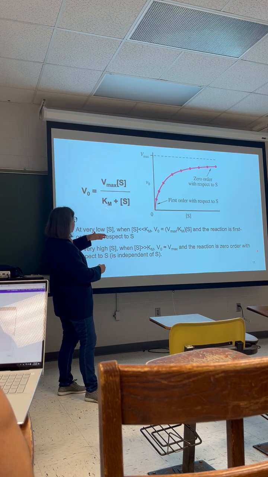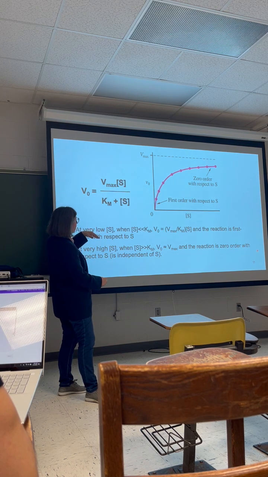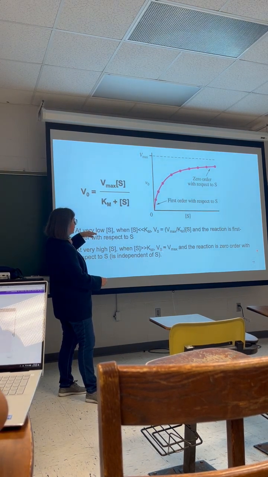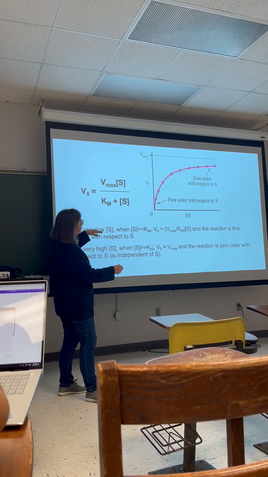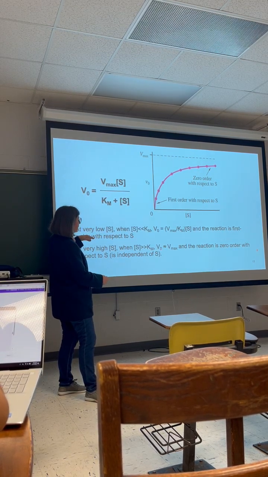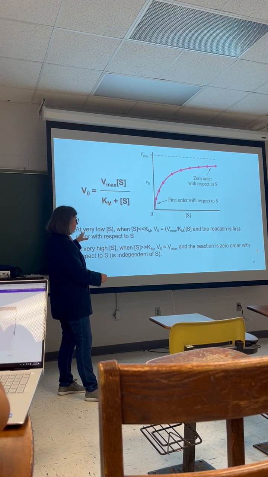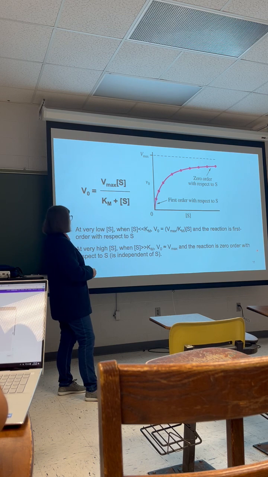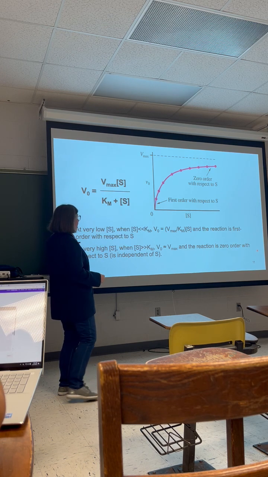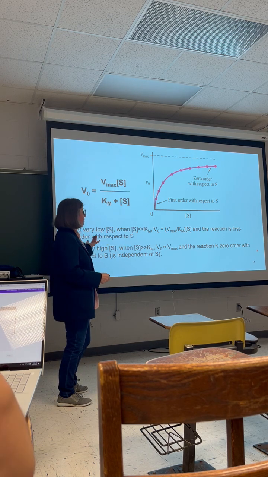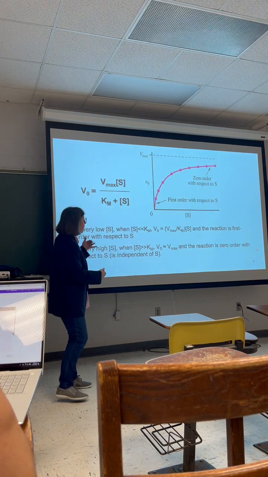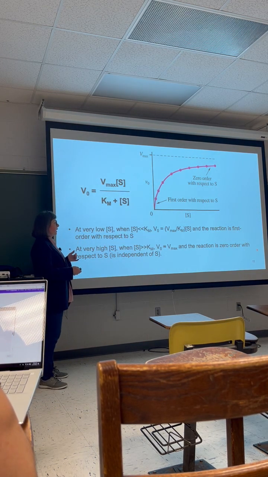You can ignore Km, and then you can cancel substrate concentration at the top and bottom, and approximately your V0 will be Vmax. So we are approaching Vmax. We never reach Vmax, but we almost are there. So the reaction is zero order with respect to substrate, which means it's independent of substrate. We are operating at real saturation.